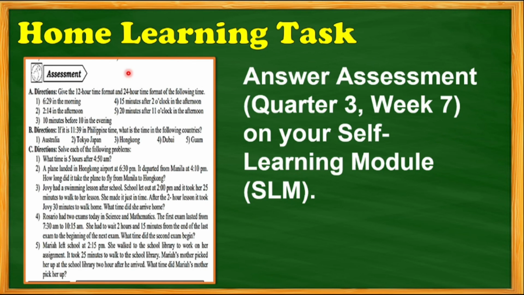Okay, now let's proceed to home learning tasks. For your home learning task, you're going to answer Assessment Quarter 3 Week number 7 in your self-learning module. This would be letter A, letter B, and letter C. For letter A, you're going to give the 12 hours time format and 24 hours format of the following.